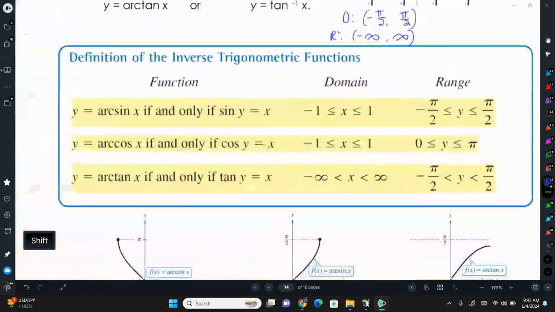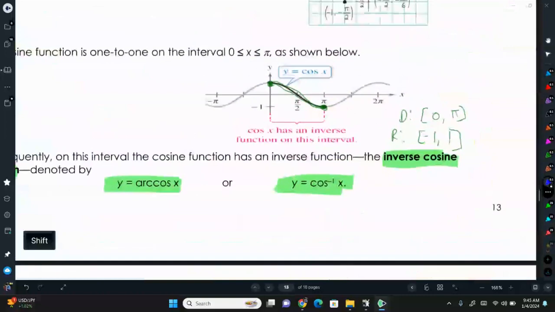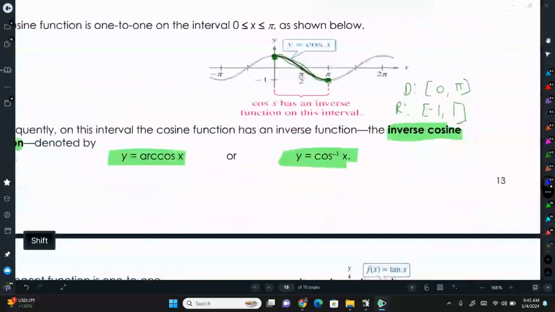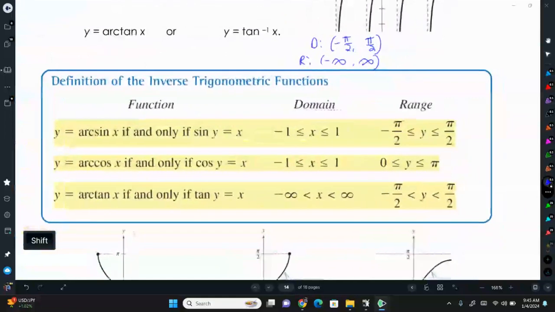So down here is kind of a summary of the domain and range of our inverse functions. Well, you may say, we wrote the opposite up here, right? We restricted the original cosine function to this domain. So then when we do the inverse, we switch the domain and range. So you'll notice that the inverse or arc sine and arc cosine have the same domain but different ranges.